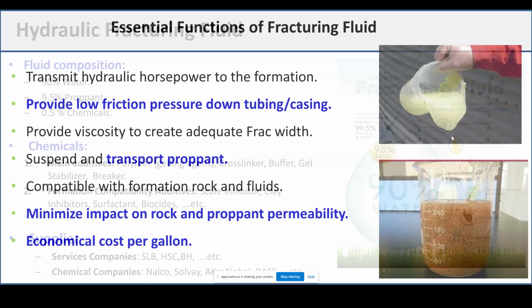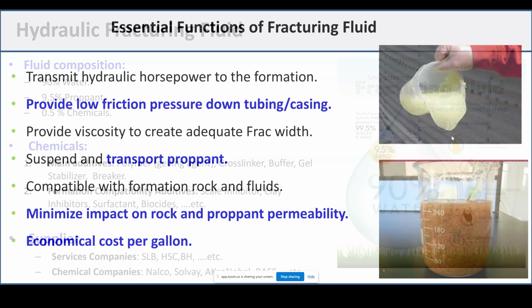The first parameter is being able to transmit all the hydraulic horsepower to the formation. So you are at the surface with a lot of good pumps, big pumps, generating a lot of pressure and a lot of horsepower at the surface. But you need something to transmit all this pressure, all this horsepower to downhole to be able to break the rock downhole.